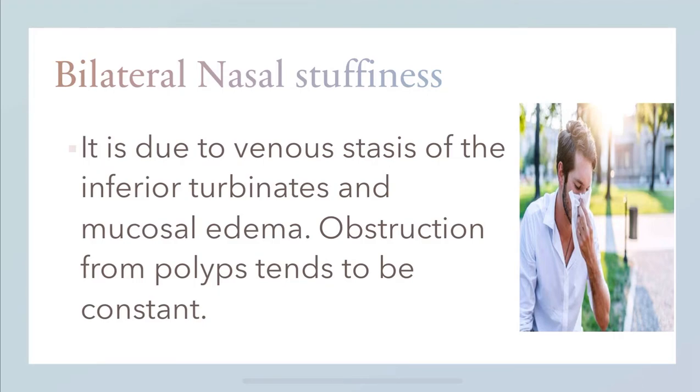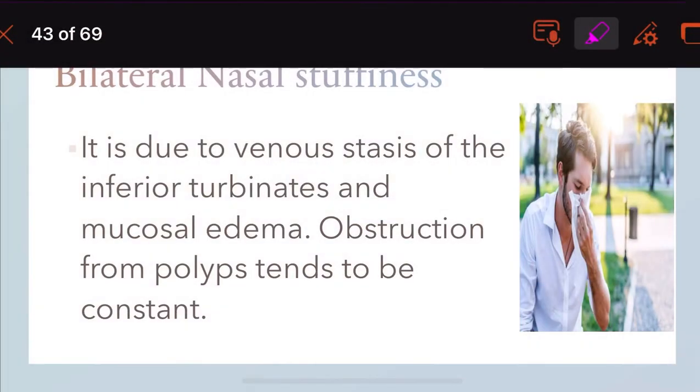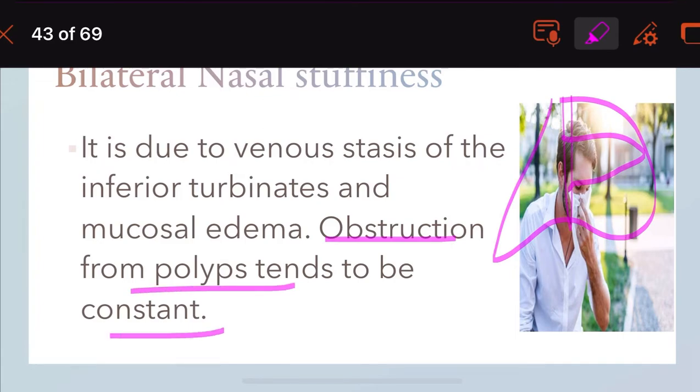The bilateral nasal stuffiness is due to the venous stasis of the inferior turbinates and mucosal edema. Obstruction from the polyps will tend to be constant. So guys, you can see here, if this is the nose and if there is a polyp growth, the obstruction from the polyp will be a constant factor for the allergic rhinitis.